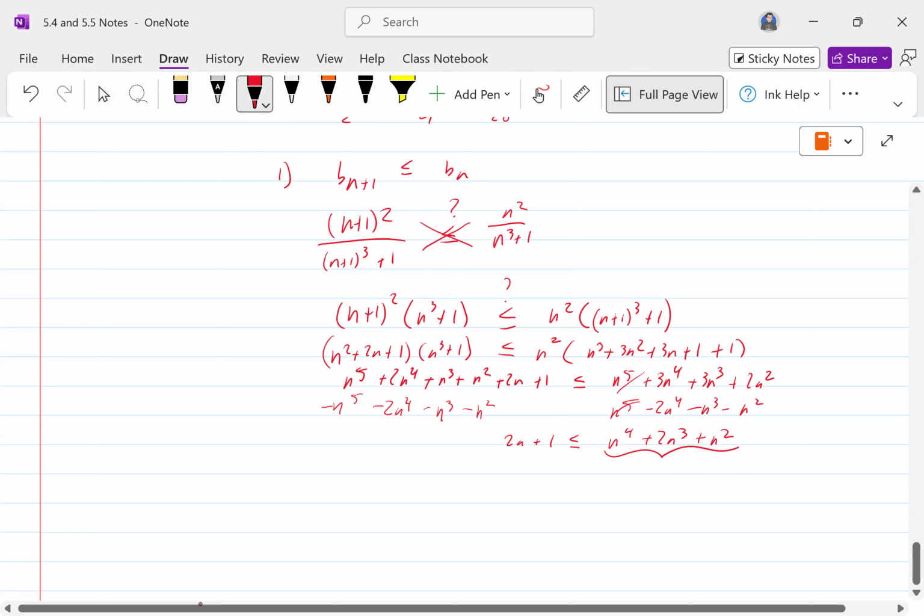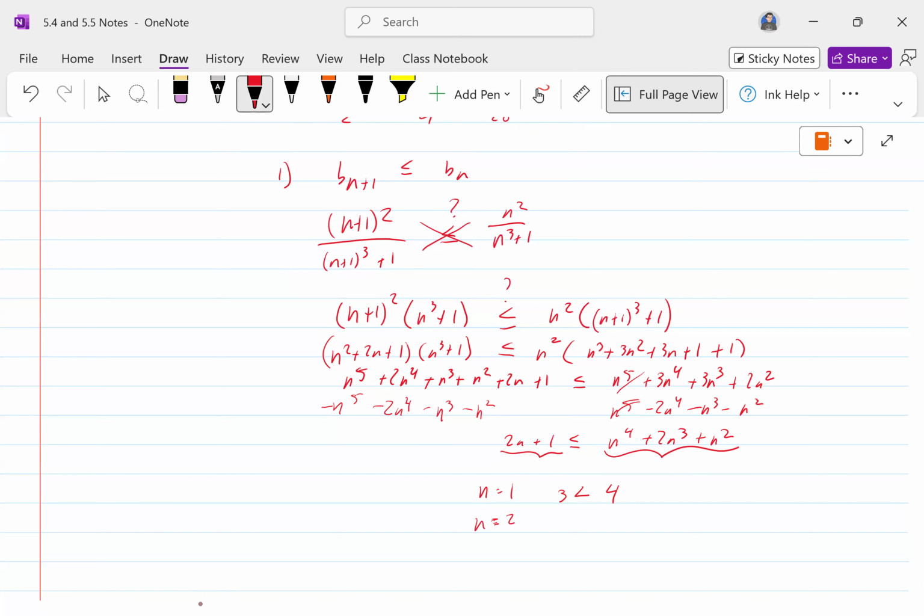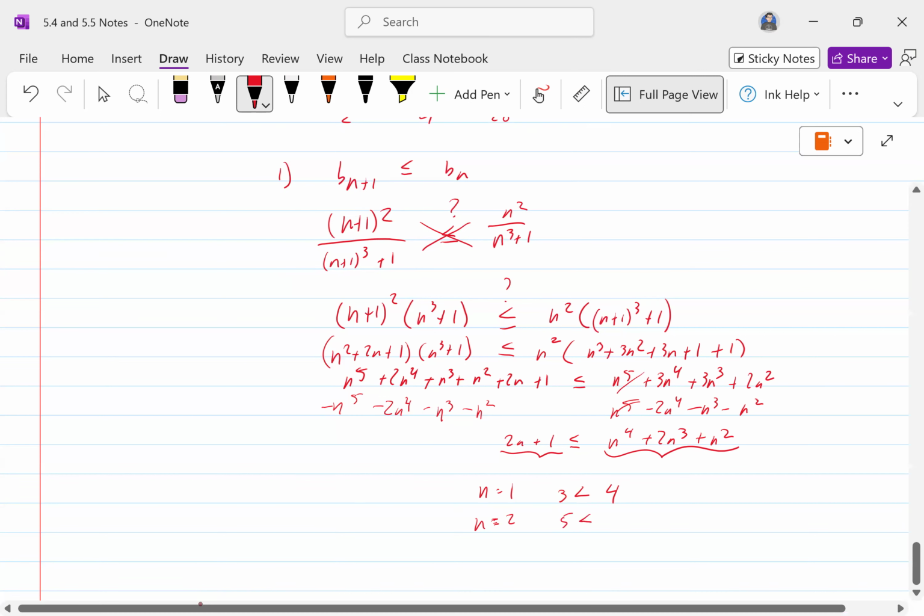Well, here I have 3 terms, and here I have 2 terms. Okay, so let's say that n was equal to 1. I would get 2 times 1 plus 1, that's 3, is equal to 3, which is less than 4. Okay, if n is equal to 2, we're going to get 2 times 2 is 4, plus 1 is 5, which is less than a huge number here.